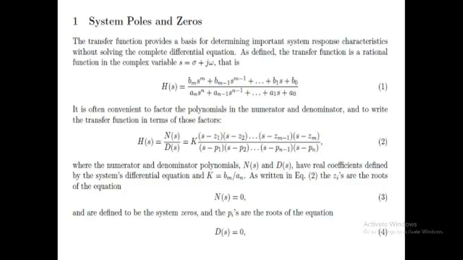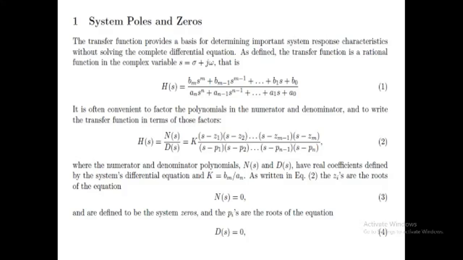The poles of a transfer function are the values of the Laplace transform variable s that cause the transfer function to become infinite. See this equation number 1, where s is equal to a1, s is equal to a2, s is equal to a3, and so on, s is equal to an.